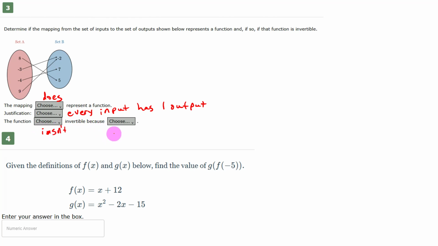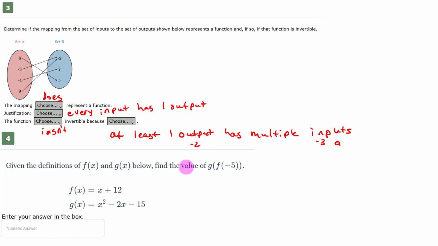Because at least one output, in this case negative 2, has multiple inputs. Negative 3 and 9 both go to negative 2, so it can't be inverted.